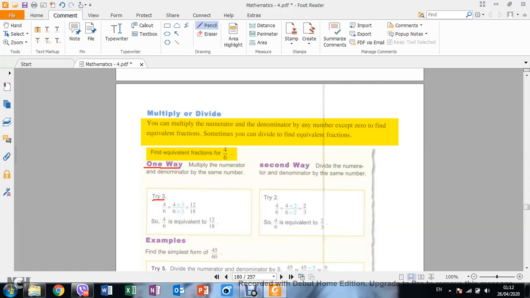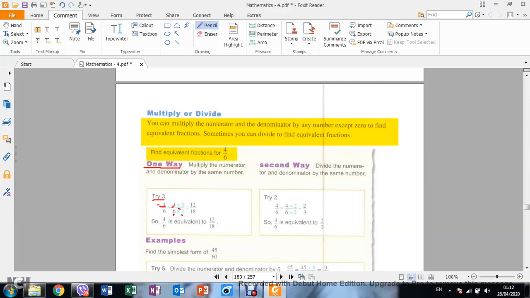Okay? Without 1, try 2 or, for example, 3. When 4 is the numerator and our denominator is 6, we multiply both numbers by 3. So 4 multiplied by 3, 6 multiplied by 3.